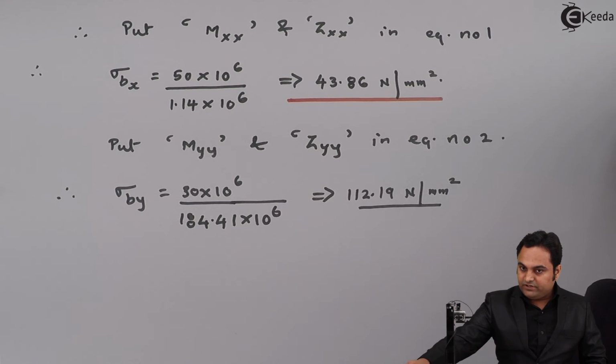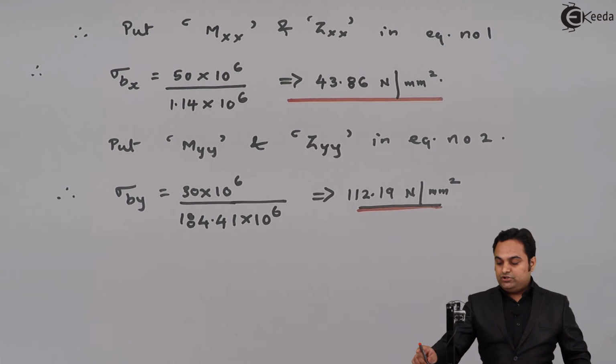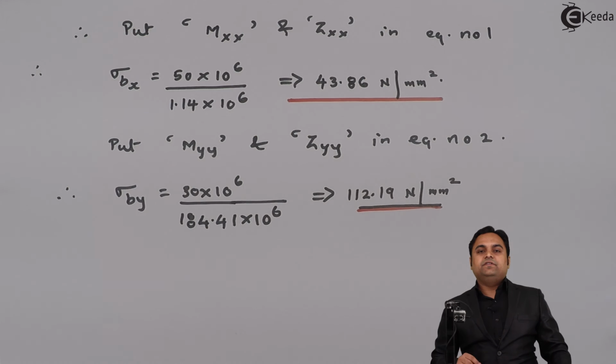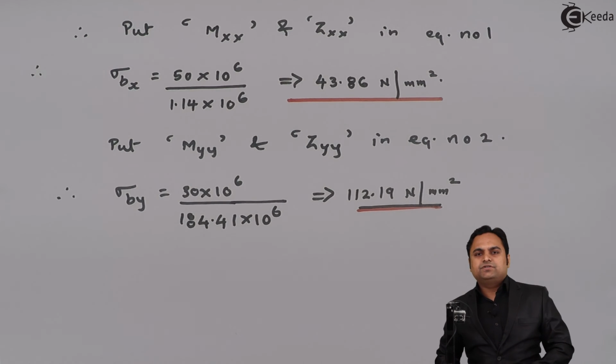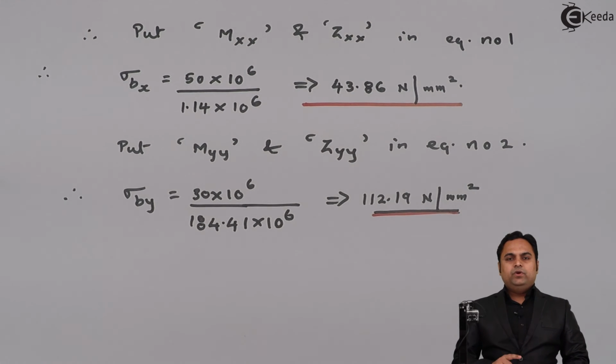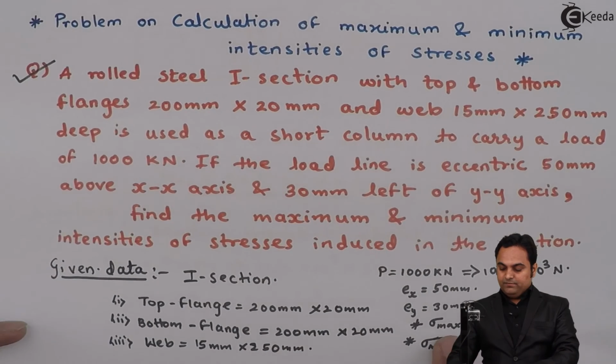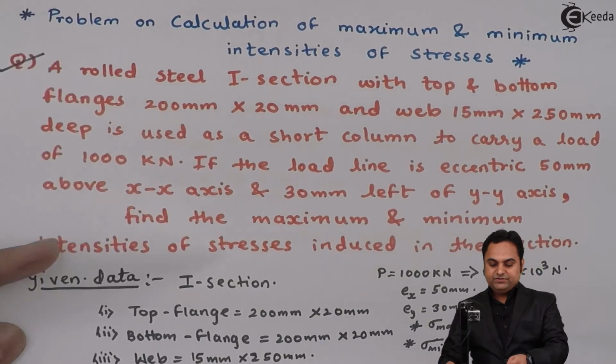Now after getting these values, we can go on for the calculation of the stress intensities at each of the locations. So now after we have got sigma bx and sigma by, we can calculate the stress intensities at each of the corners. The problem asks us to calculate the maximum and minimum intensities of stresses.